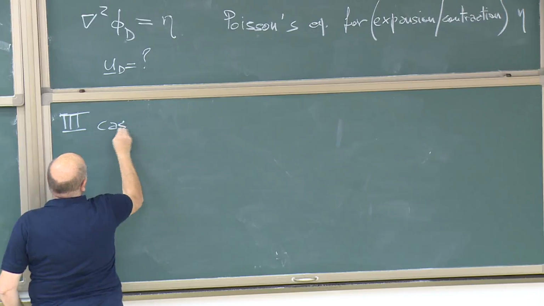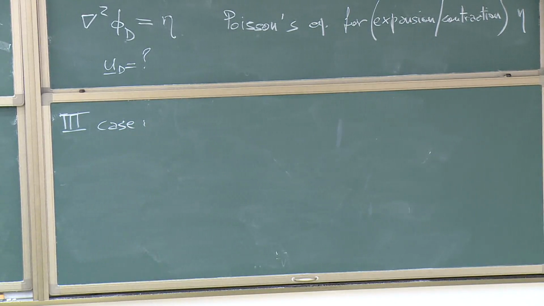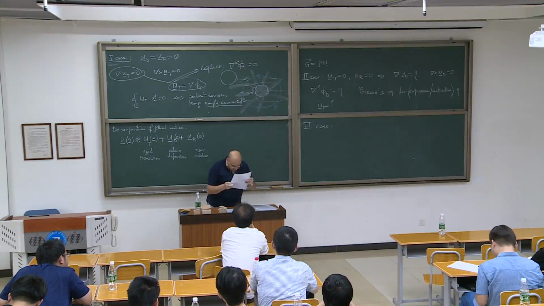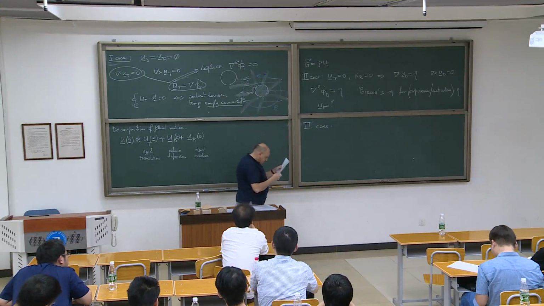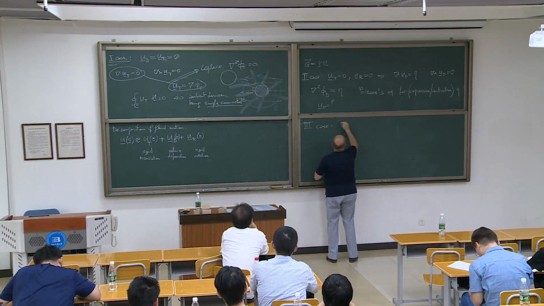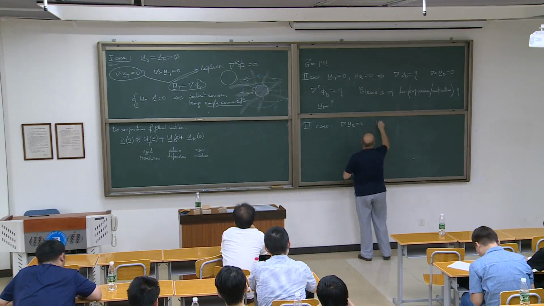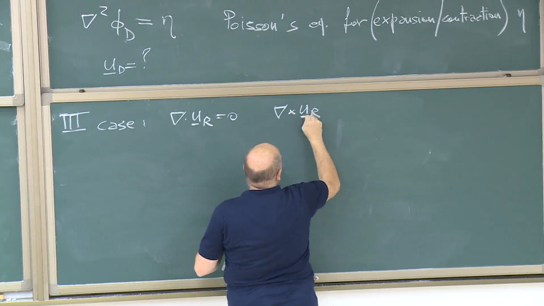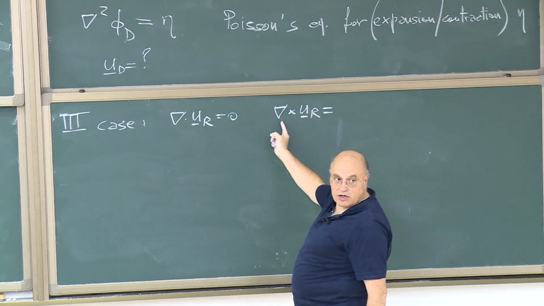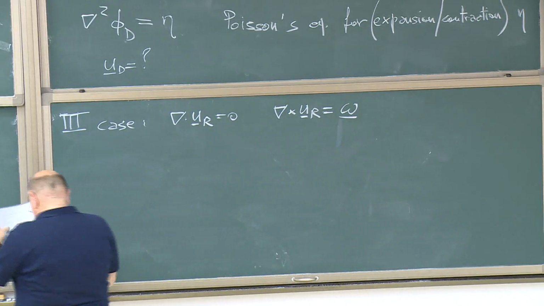Third case. Where I am, here. The third case is where UR is not divergent, and the curl of UR, which is vorticity by definition.